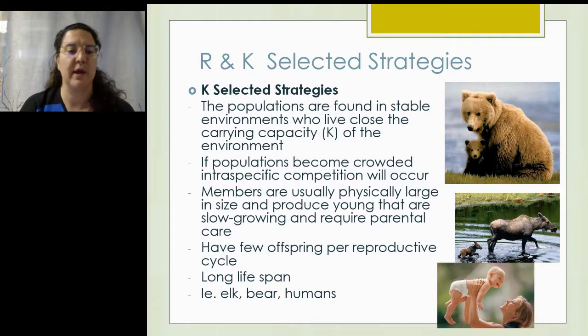If populations become crowded, we're going to have that intraspecific competition and lots of biotic limiting factors. Typically, if you have a K-selected reproductive strategy, you're usually a large animal and produce young that are slow growing and require parental care. So things like whales, bears, elephants, moose. And you'll have few offspring per reproductive cycle so that you can put more effort into ensuring their survival.